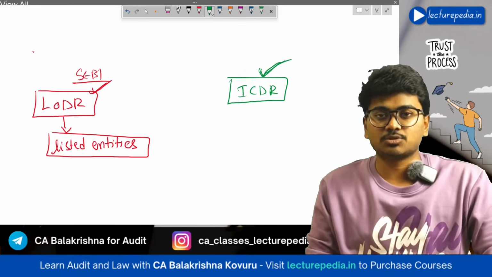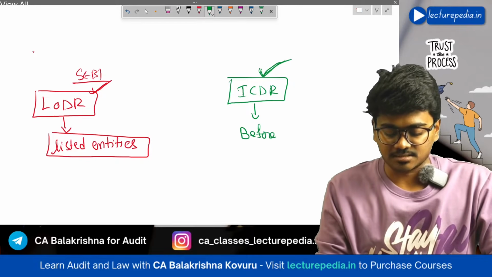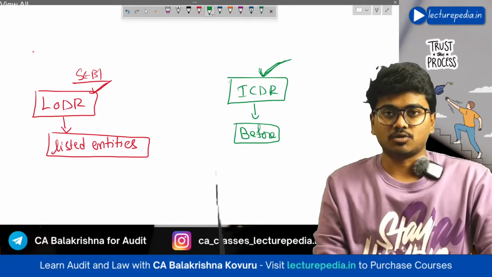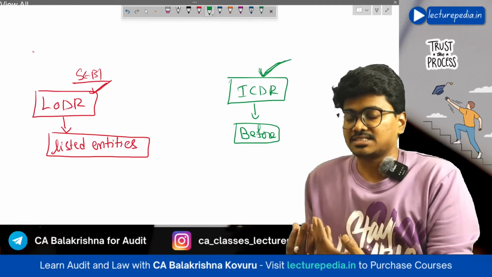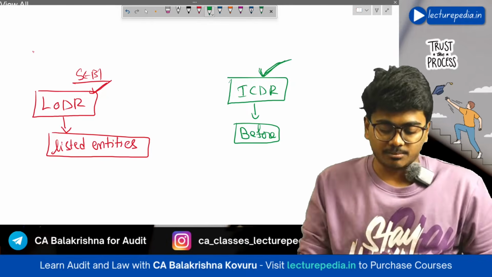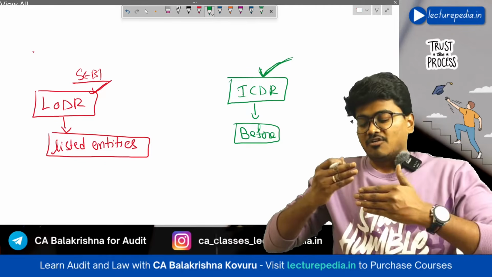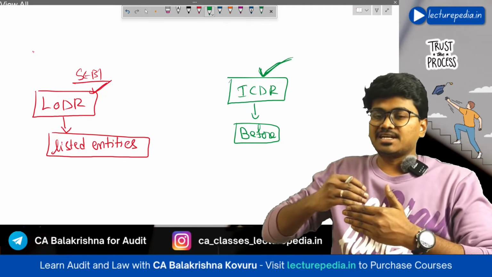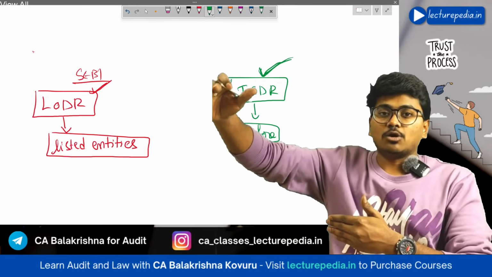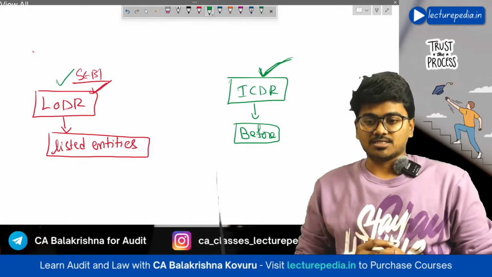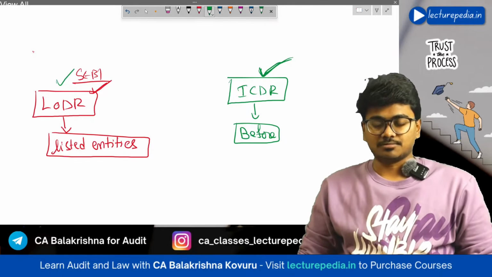ICDR regulations have to be complied with by the company before listing its shares on the stock market. Before you get your shares listed on the stock market, you need to comply with ICDR regulations, that is Issue of Capital and Disclosure Requirements. From the point you have listed your shares on the stock market, from that point onwards you have to comply with LODR regulations, that is Listing Obligations and Disclosure Requirements. Hope that is clear.